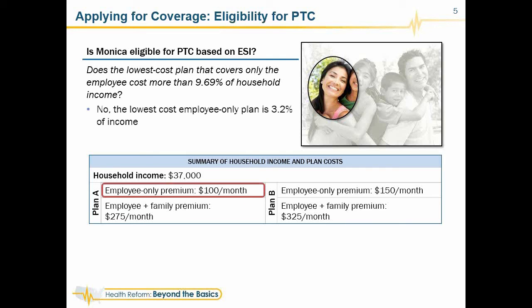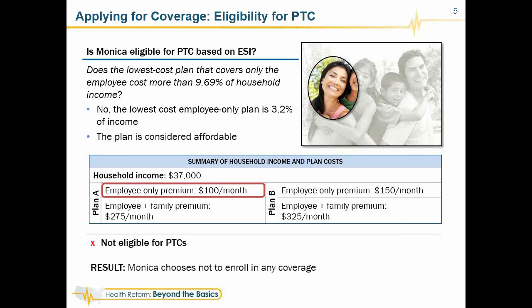And the answer obviously is no. It's only $100 a month. It's only about 3% of income. So Monica is not going to be eligible for premium tax credits with that offer of coverage from her employer. And the result is that Monica has decided that she's not going to enroll. She really had her mindset on family coverage.